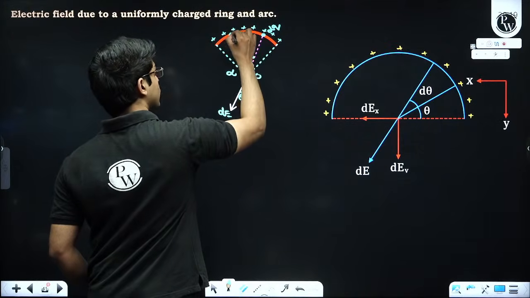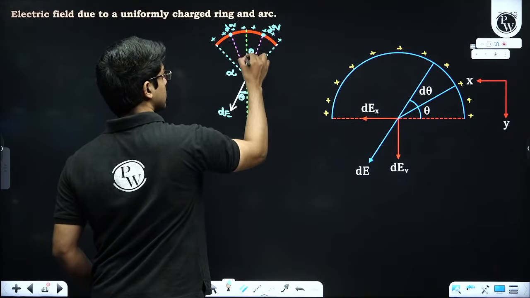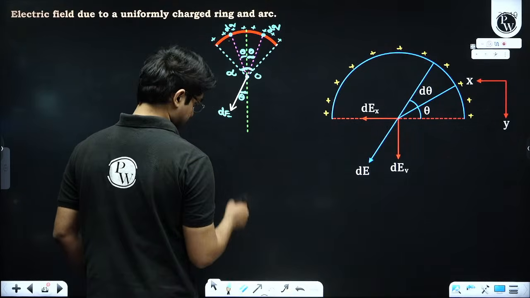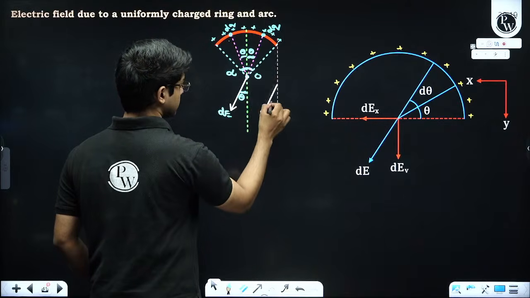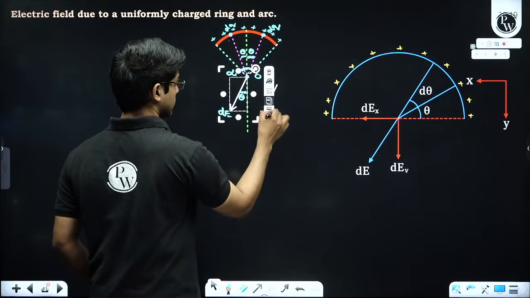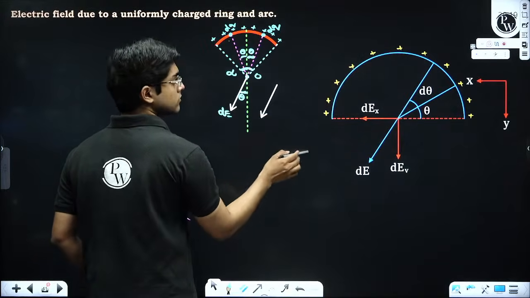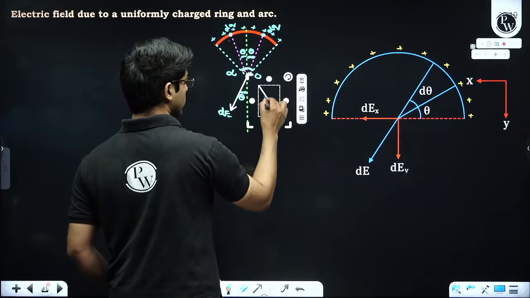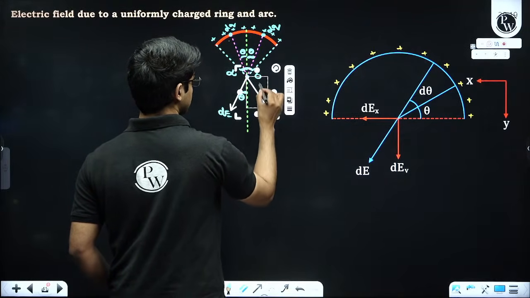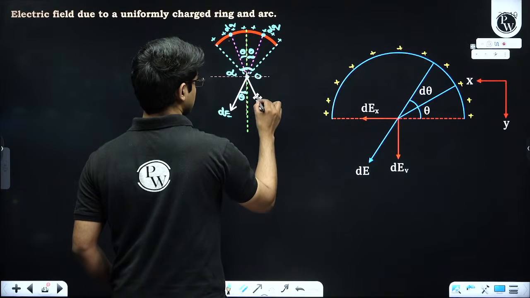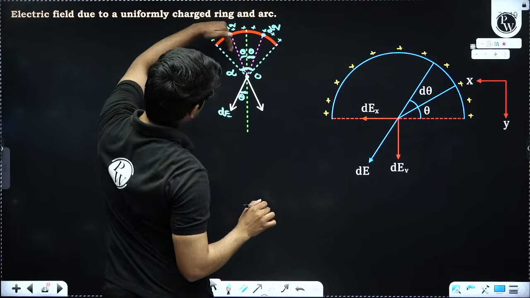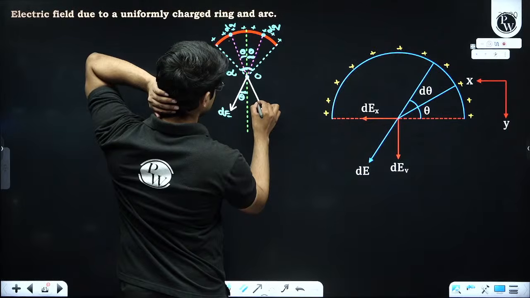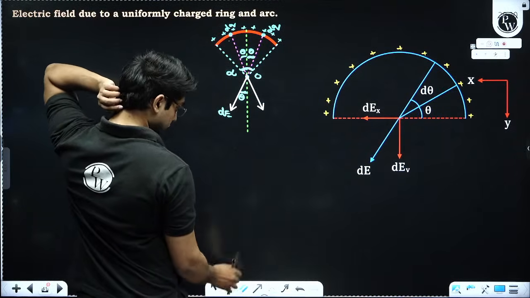And I take the same dq charged piece over here, then the field due to the other dq will be in a direction like this, basically opposite to this purple line, and this will also make the same angle theta.